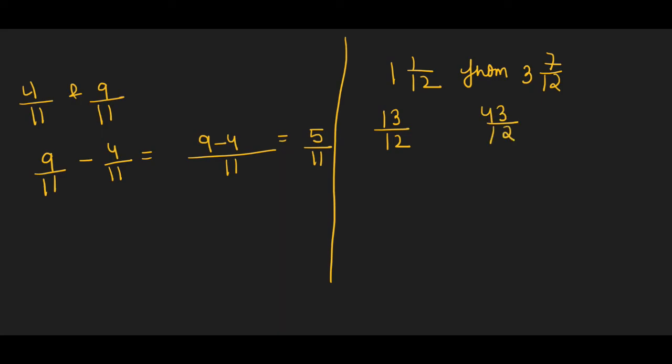So what will we do? We need to subtract 13 upon 12 from 43 upon 12. Simply 43 upon 12 minus 13 upon 12. The LCM will be 12 only. So 43 minus 13 will be 30.